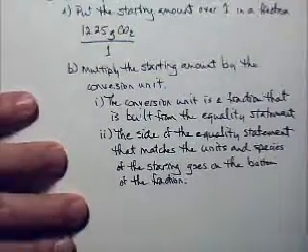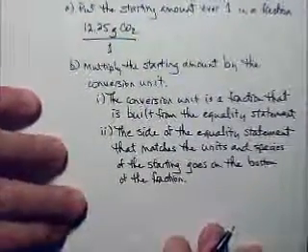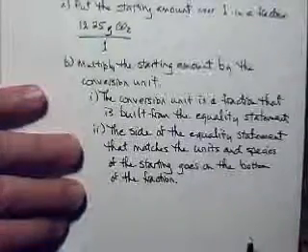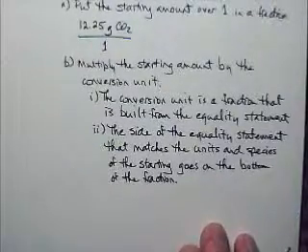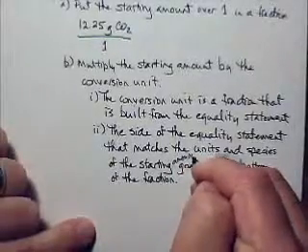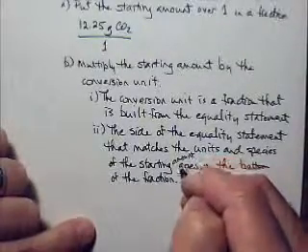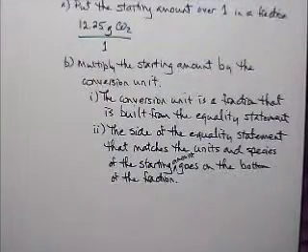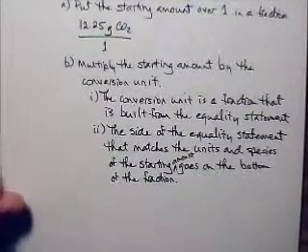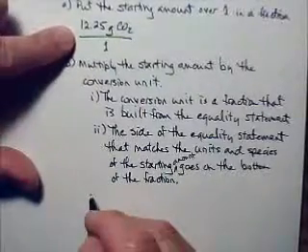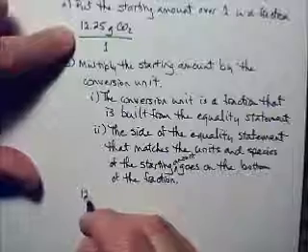The side of the equality statement that matches the units and species of the starting amount goes on the bottom of the fraction. All right, so I have the starting amount over 1 here. We're going to move that back down here because we need to start with that.